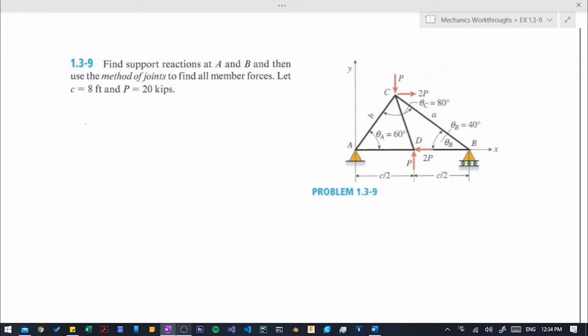And if we look over at our structure over here, we can see that each bar or section, which we call a member, is a two-force member.